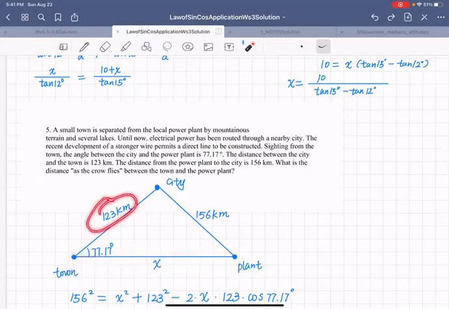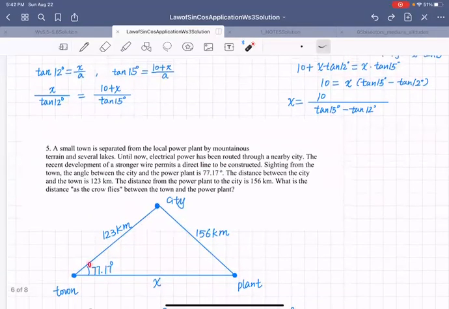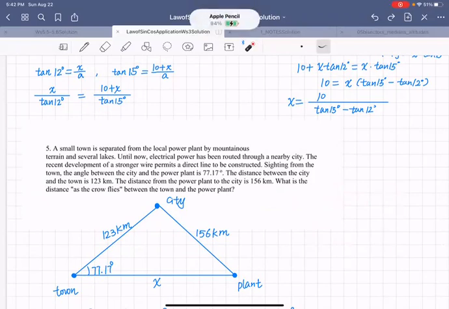We know this part, we know this part, and we know here. Tell me, please, which law should I use? Law of cosine or law of sine? Which one?